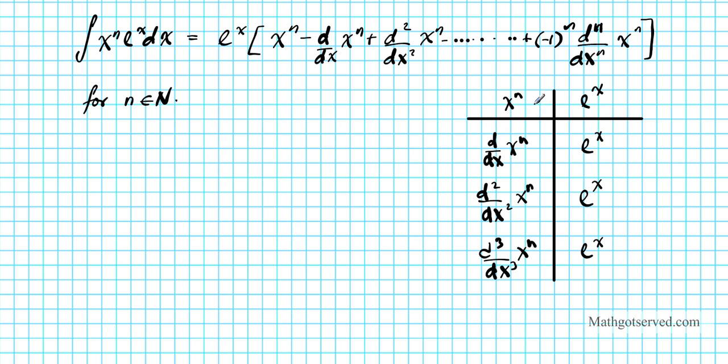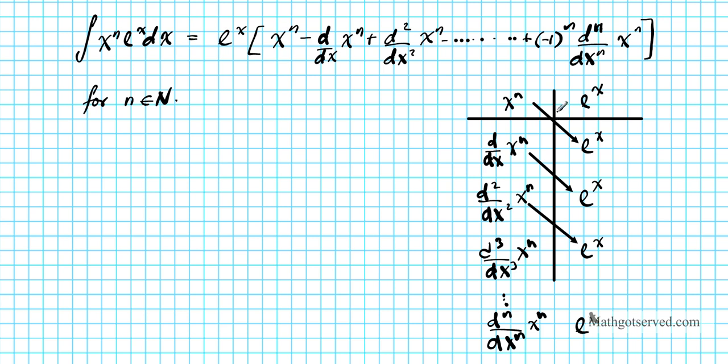So if I draw my diagonals, remember this pattern continues all the way until I have the nth derivative. So basically, this goes on until I have the nth derivative of x to the n, and that will be matching up with another e to the x down there.